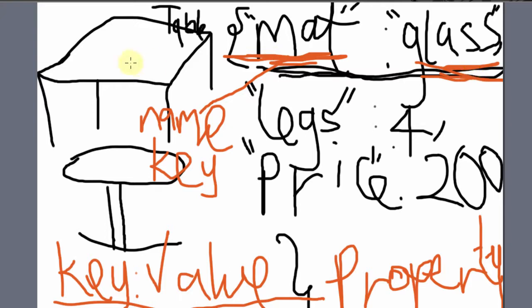So I hope you understand what an object is. You can just think in terms of real life, an object. A car has properties. It has the make, the model, the year of manufacture, and just thinking in those lines, that's what an object is in JavaScript.